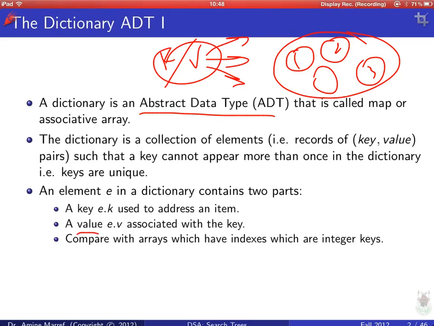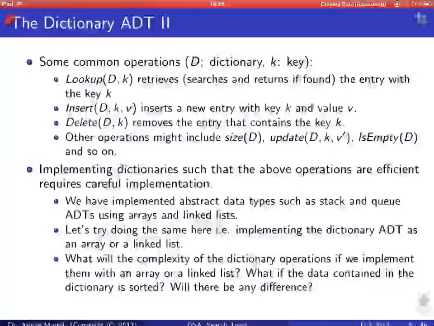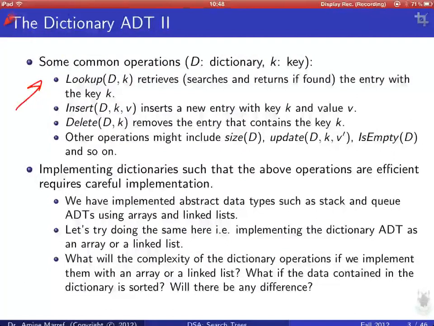We are interested in searching for an element, lookup or search. We are interested in inserting a new element, and we are interested in deleting an element. So lookup D, k means we want to search for the element with key k inside the dictionary D. A dictionary again is just a collection of elements.